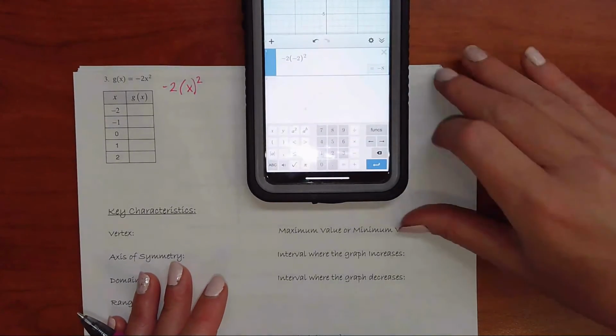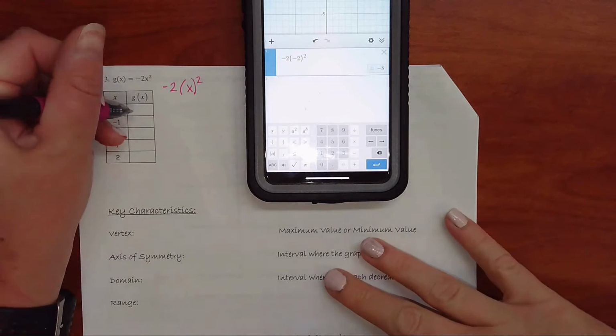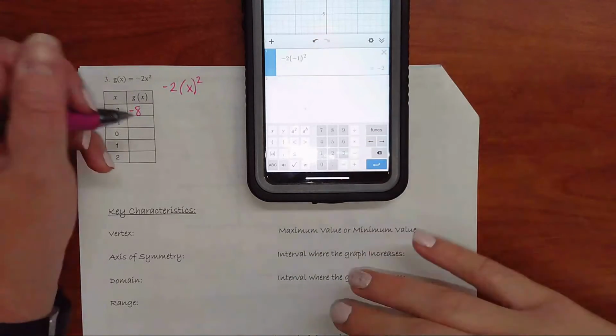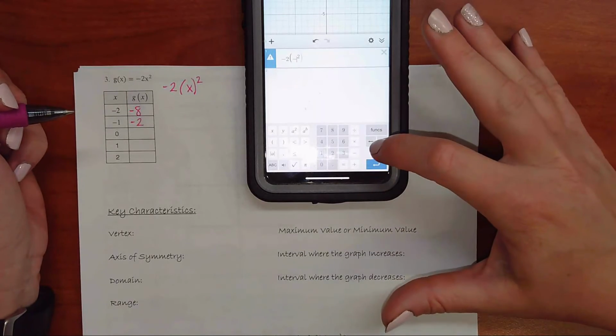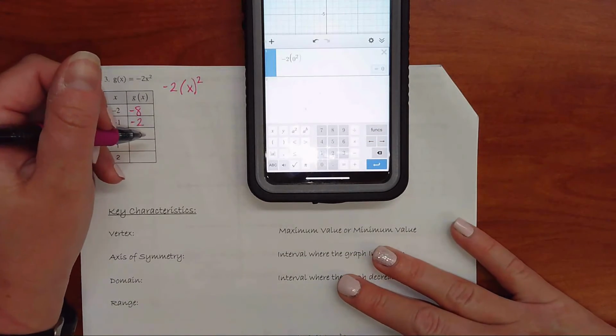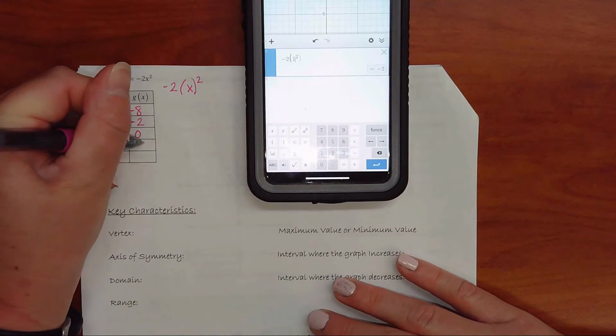So when I plug in a -2, you get a -8. When you plug in a -1, you get a -2. When you plug in a 0, you get 0. When you plug in a 1, you get -2.